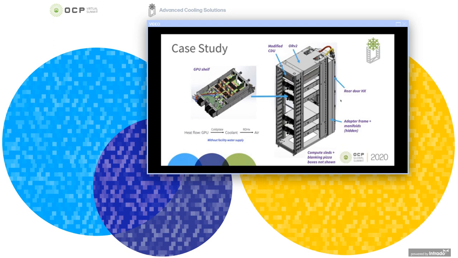Please note in this image that the manifolds are not shown, as they're hidden by the adapter frame that the door heat exchanger was mounted to. And the other load inside the rack that was 100% air-cooled, such as the compute sleds and blanking panels, is not shown here.